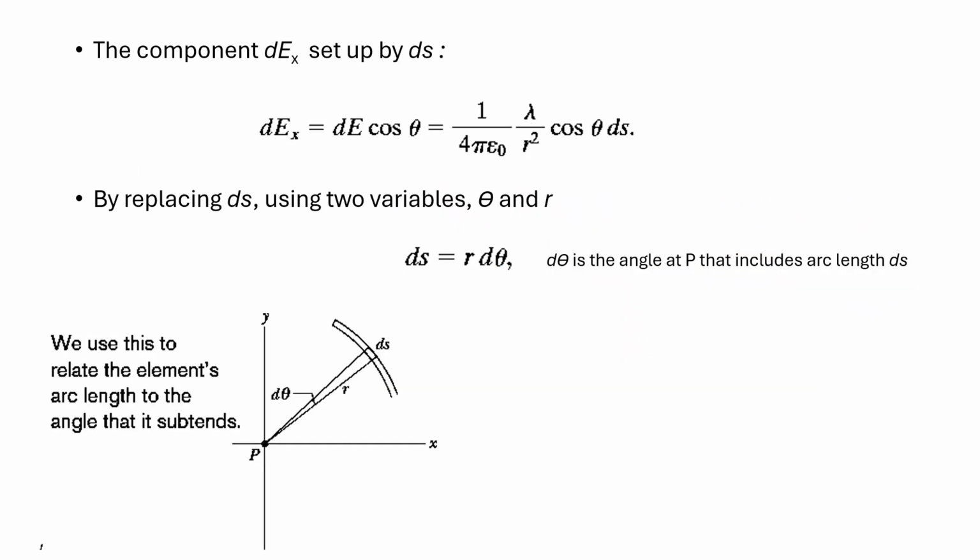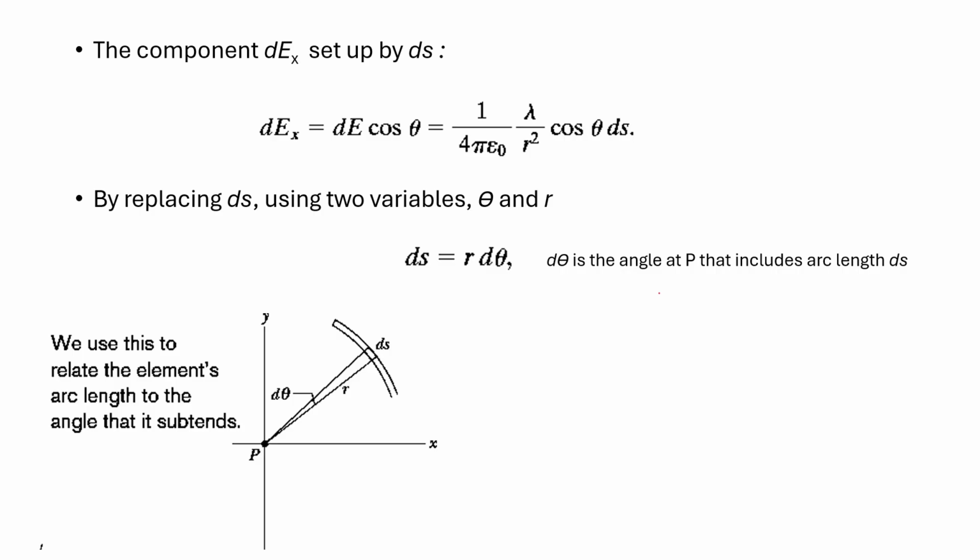dEx equals, it makes the angle theta here, so it is dE cos theta. When you put in the terms, we have 1 over 4 pi epsilon naught lambda over r squared, cos theta ds. And ds is the arc length, where r is constant.